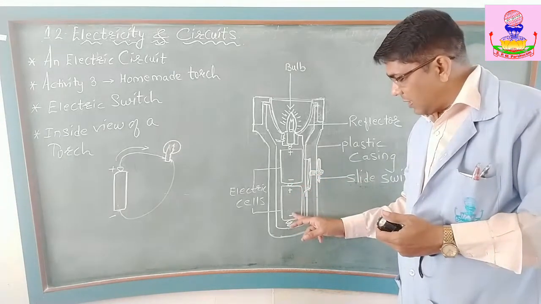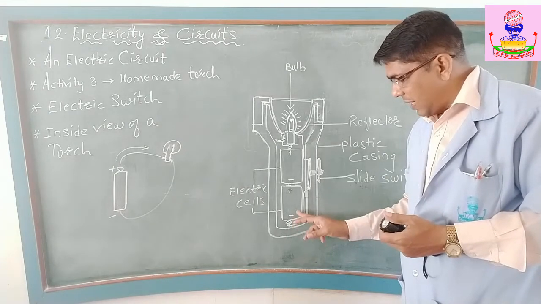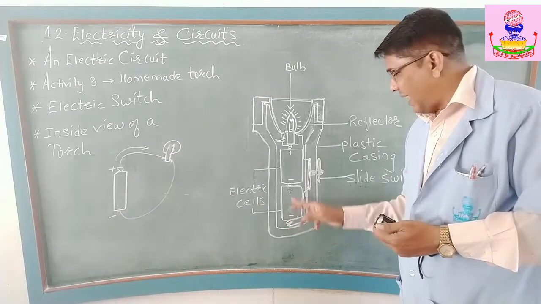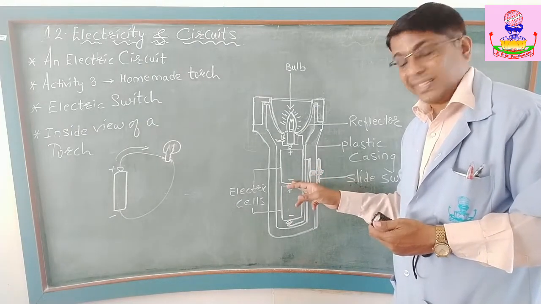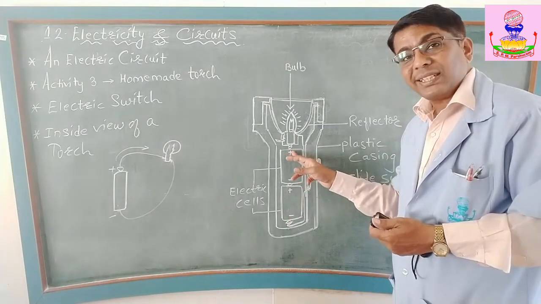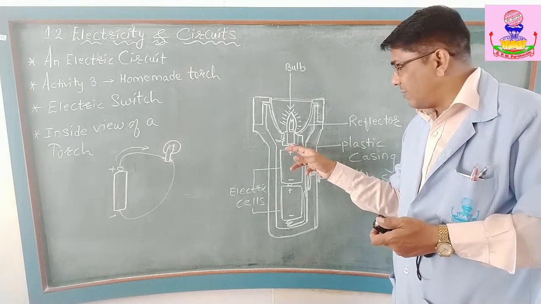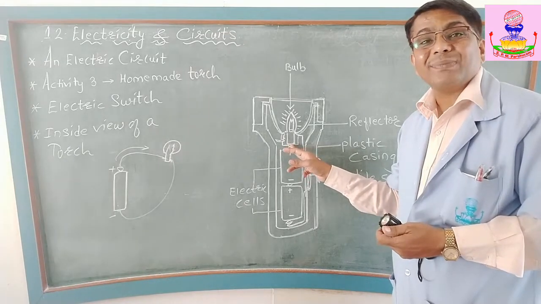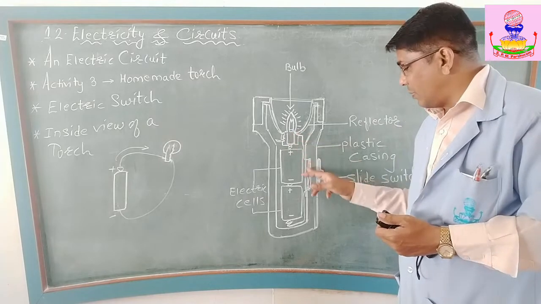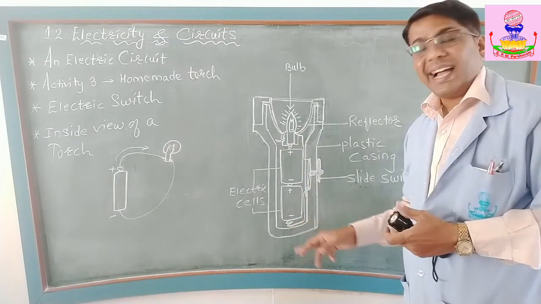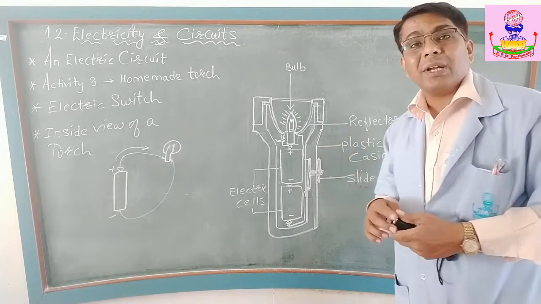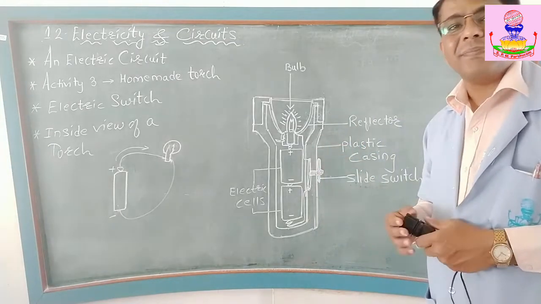The negative terminal of the cell is in contact with this spring, and the positive terminal of this cell is in contact with the negative terminal of another cell, and the positive terminal of that cell is in direct contact with one terminal of the bulb, and the other terminal of the bulb is connected through this slide switch to the spring. So when you switch it on, the bulb glows, and when you switch it off, the bulb will stop glowing.